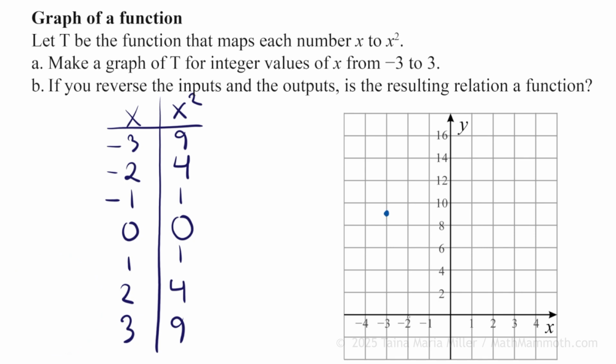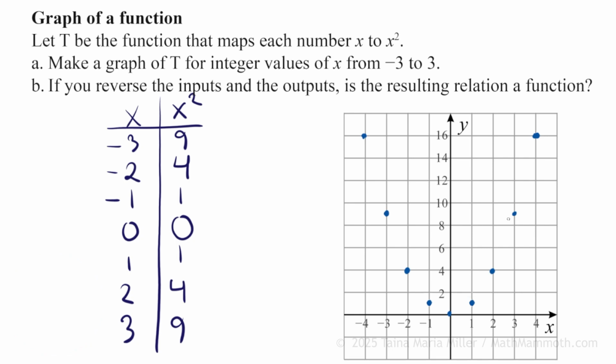Then -2 and 4. Then -1 and 1, 0, 0. And then it is a symmetrical function. I get all of these. I could even calculate -4 and its square, which is 16, and add those points there. So there we have a graph of this function that maps x to x squared, okay?